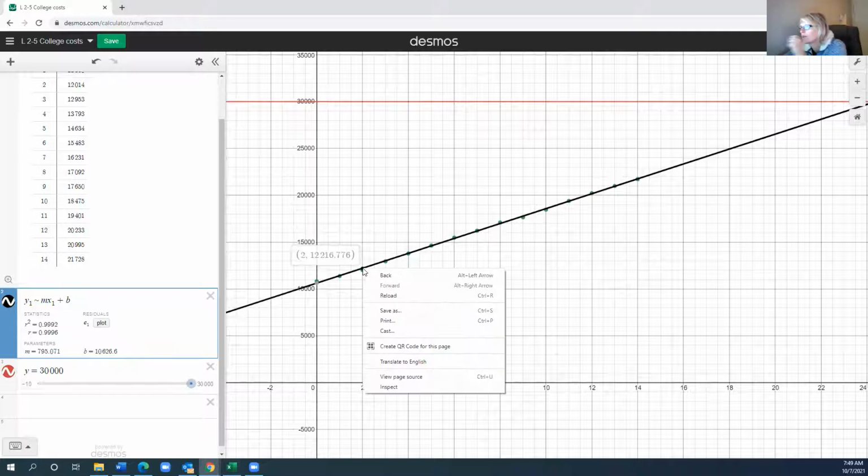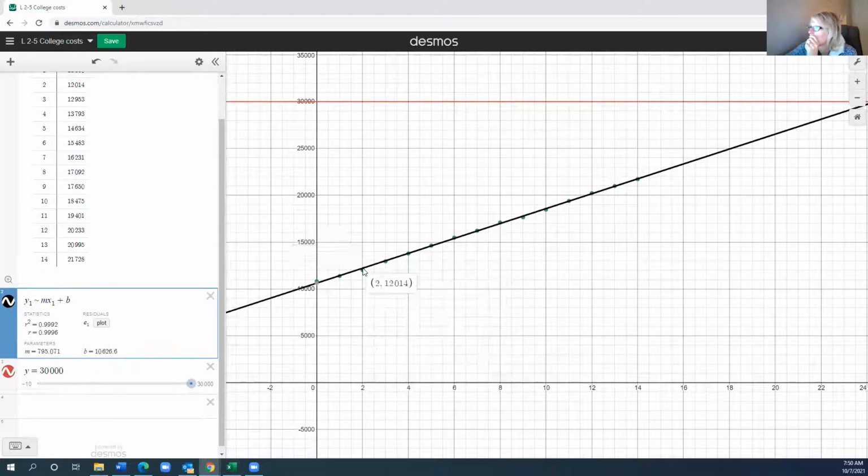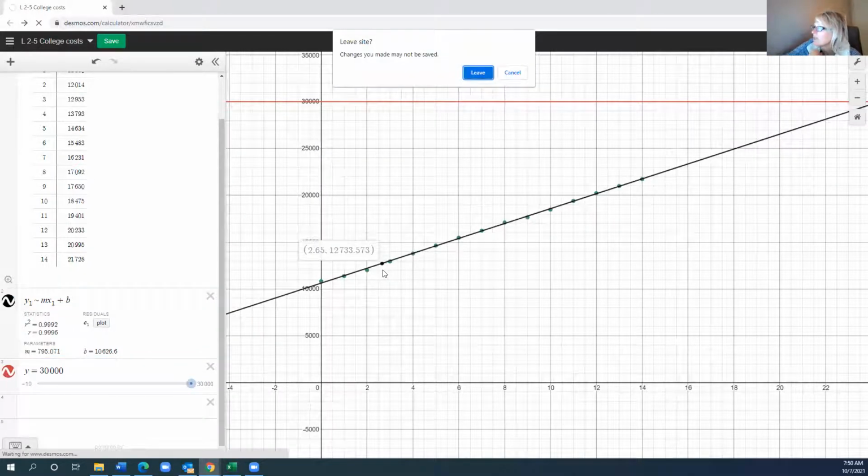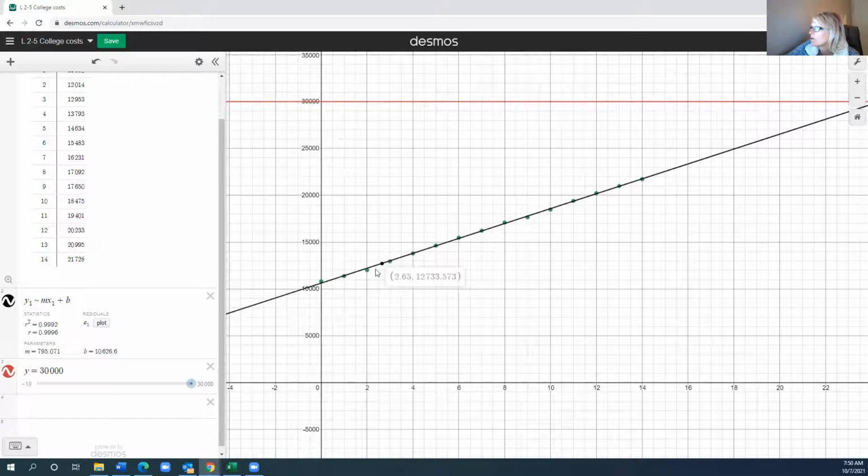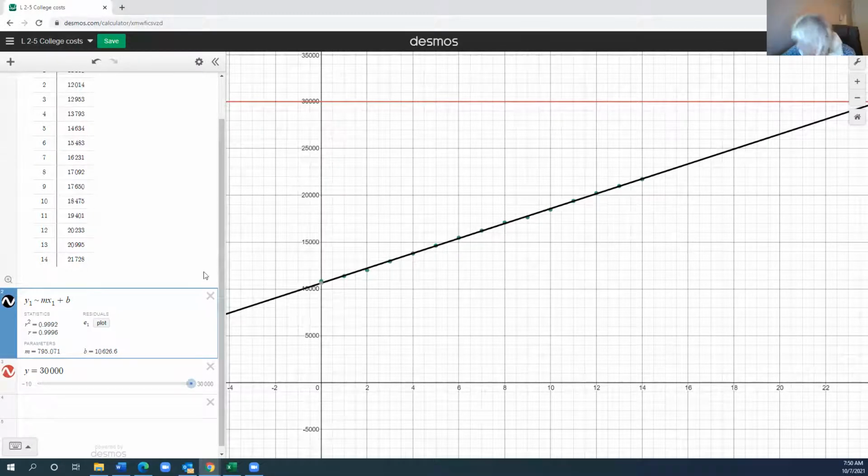You're going to use the one on the top left, because the one on the bottom right is the green dot, which was our actual point, right? So this predicted, whoops, I just bumped it. I'm trying to get as close as I can. Okay, 12,216 and 78 cents. 12,216.78. And then we need year 8.